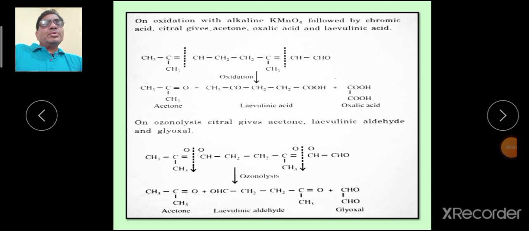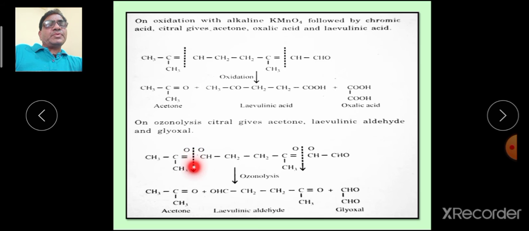Here we see how the products of oxidation and ozonolysis are formed from citral. The oxidation of citral gives acetone, levulinic acid and oxalic acid, while on ozonolysis it consumes two molecules of ozone.